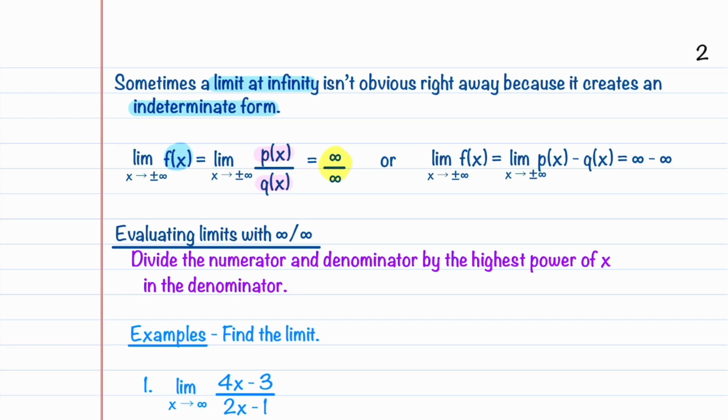Another type of indeterminate form is when the function f of x is the difference of two functions, such as p of x minus q of x. For this one, when you plug in infinity or minus infinity, what you're going to get is some form of infinity minus infinity. We're going to look at both of these forms separately, and we're going to start by evaluating limits with the indeterminate form infinity divided by infinity.